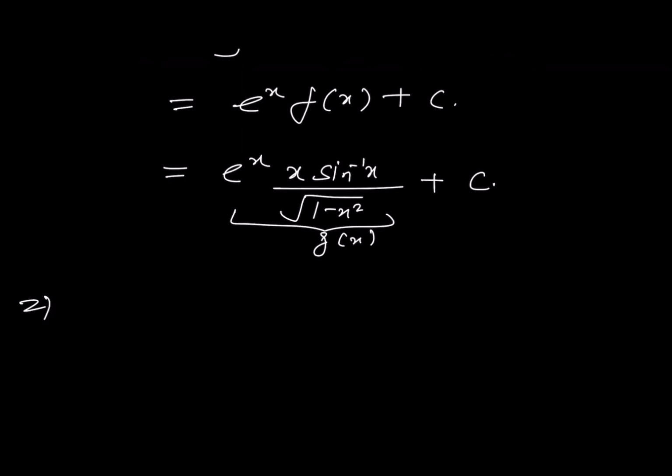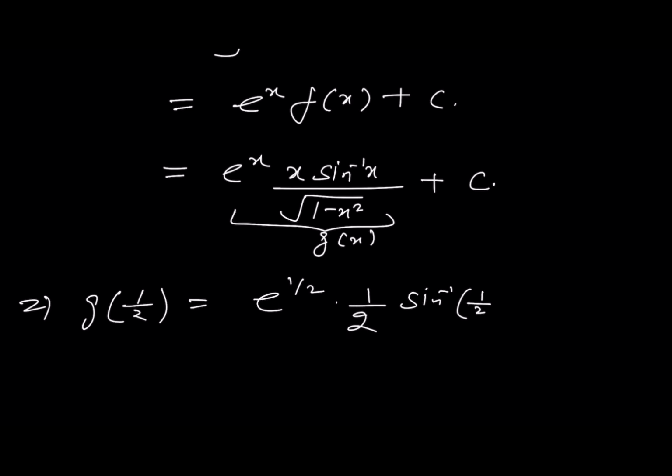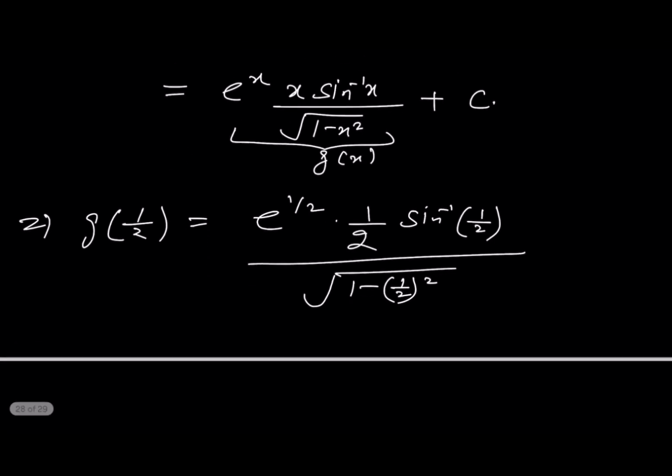So g of half will be e to the power half into half sine inverse half upon root over 1 minus (1 by 2) whole square, right?